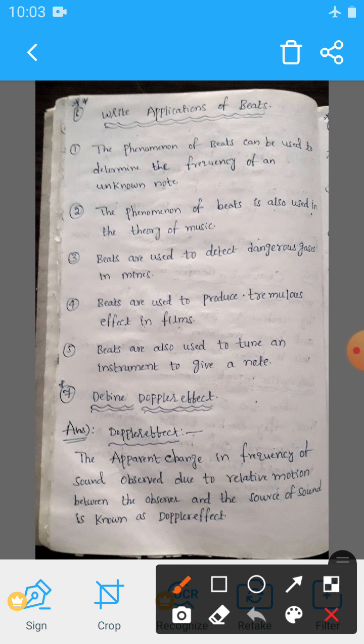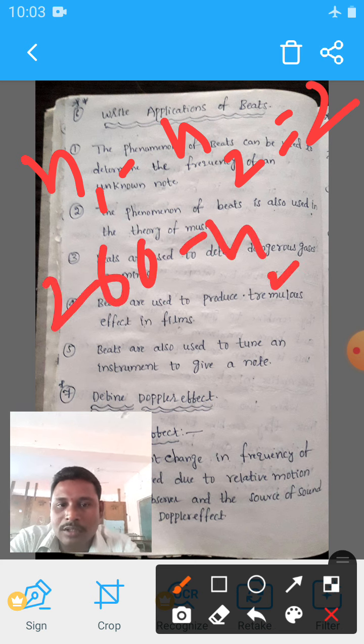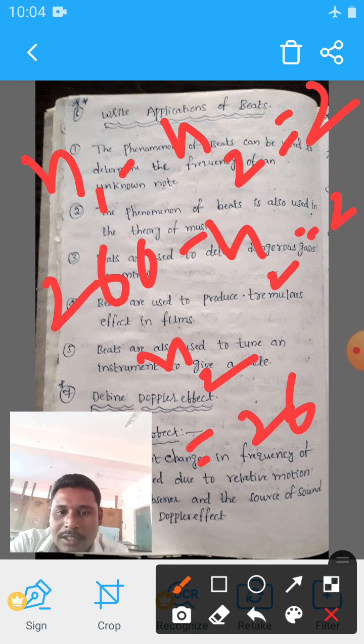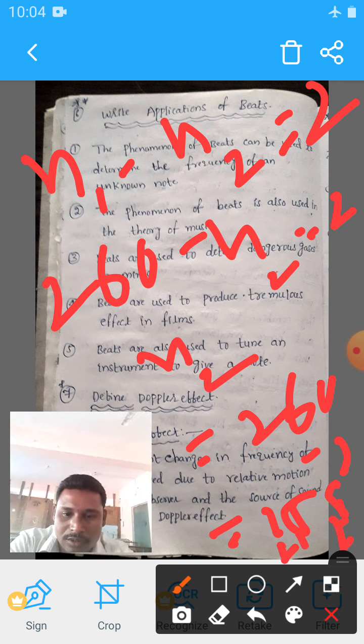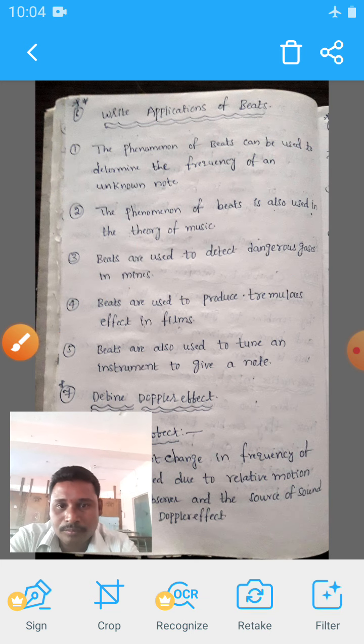With n1 equal to 260, n2 is equal to 260 minus 2, that is 258 hertz. This gives that unknown note. అంటే మనకు ఒక ఫ్రీక్వెన్సీ తెలిస్తే ఇంకో ఫ్రీక్వెన్సీని తెలుసుకోవచ్చు బీట్స్ కాన్సెప్ట్ యూజ్ చేసి.